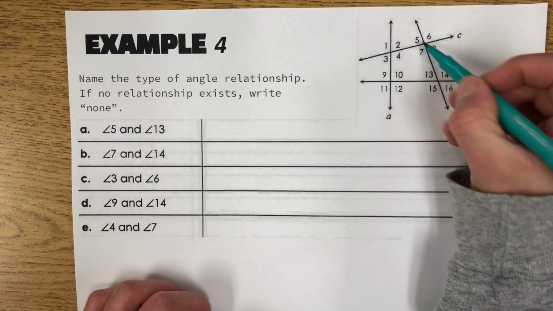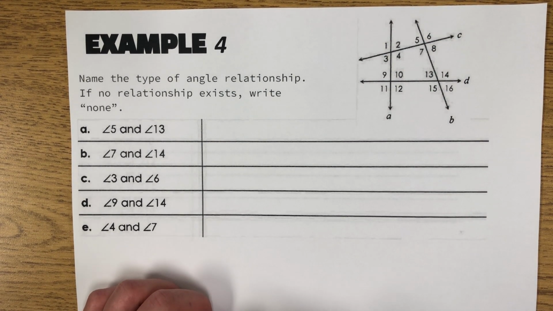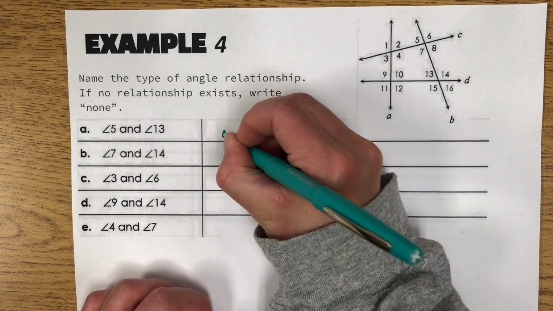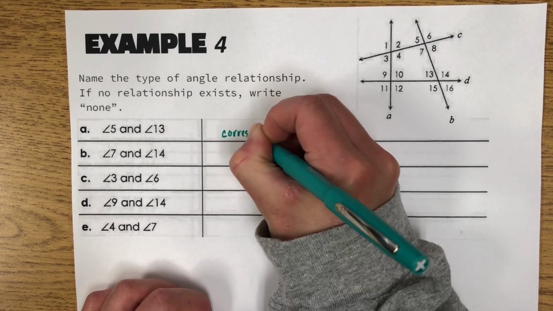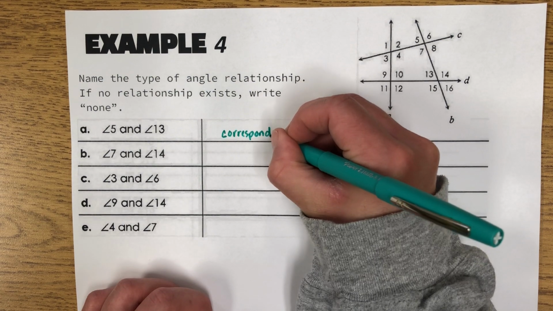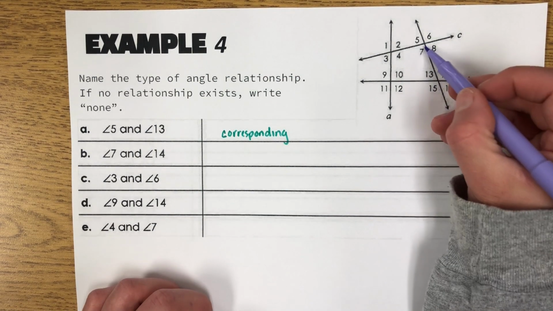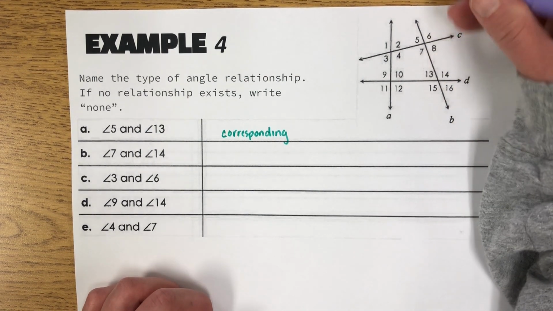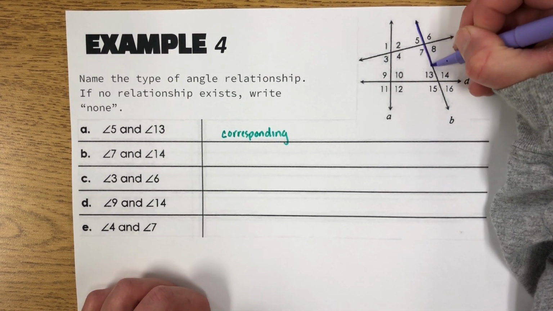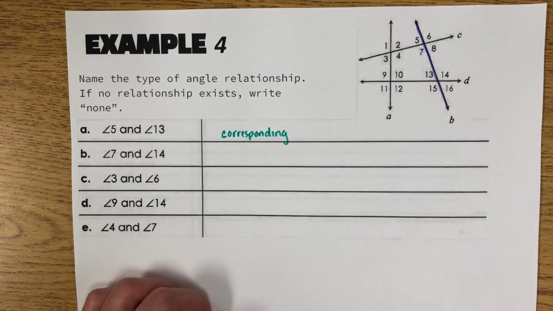So 5 and 13 would be corresponding angles. 7 and 14 would be here and here, if we're using this as that transversal.